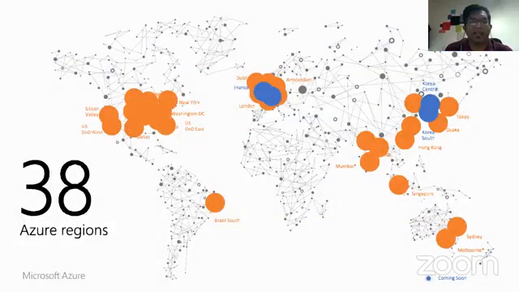Basically, there are 38 regions. Even now, this figure is being updated; maybe it's more than 45, but I have to cross-check. These regions are the data centers where Microsoft Azure has its own on-premises infrastructure. In Asia, we have one particular data center in Mumbai as well, and there are other regions where they have their own data centers where the Azure infrastructure is running.